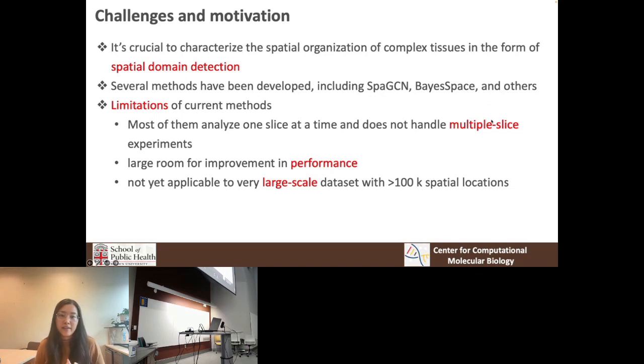However, there are several limitations to these methods. First, most of them analyze one tissue slice at a time and do not handle multiple-slice experiments, especially now that data are accumulating at a multi-sample scale. Second, spatial domains actually represent spatially organized and functionally distinct anatomical structures on the tissue that are characterized by their varying cell type compositions.